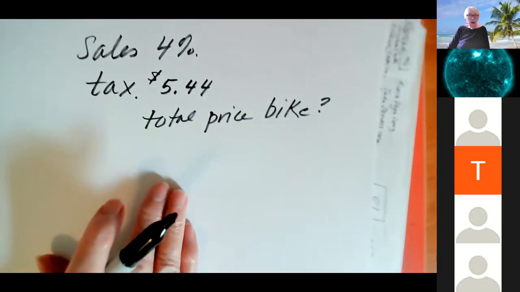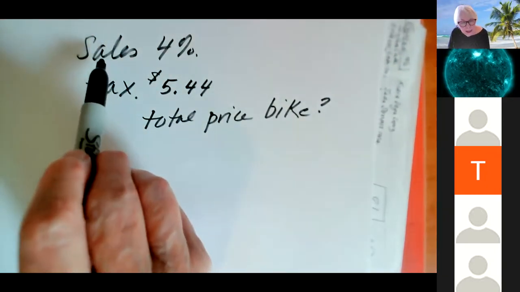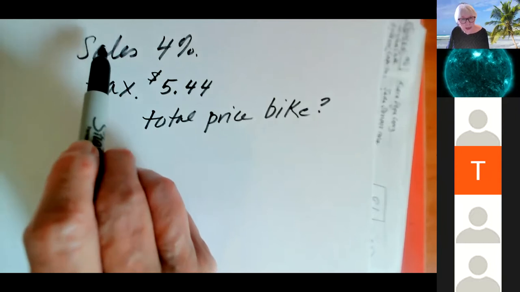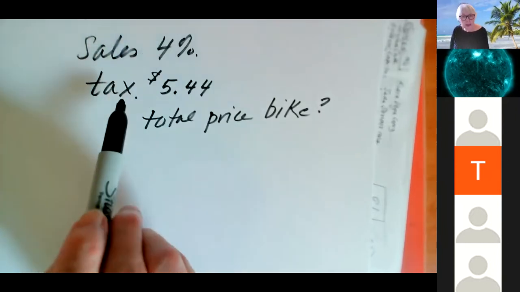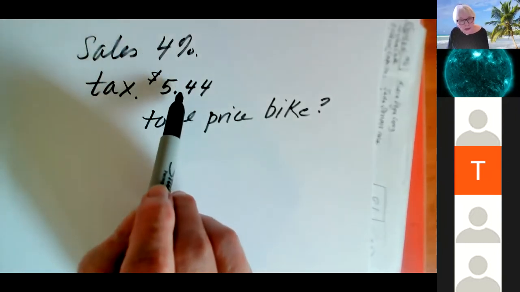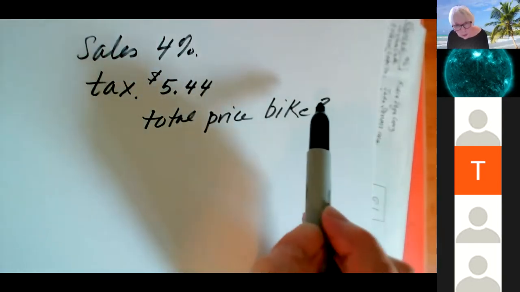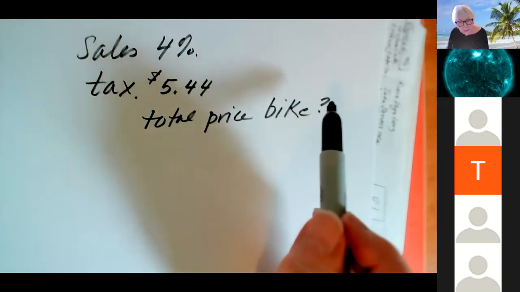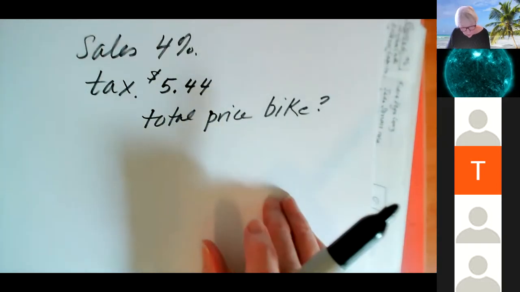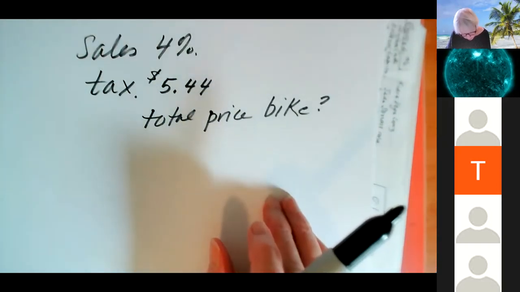I'm giving you the key information. The sales percent is 4%. The tax that was charged was $5.44. What is the total price?